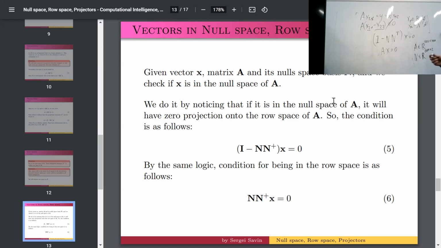Then you can imagine X is also basically a vector in R1000, right? This multiplication is actually pretty simple. You need to multiply two vectors. Let me write it explicitly.